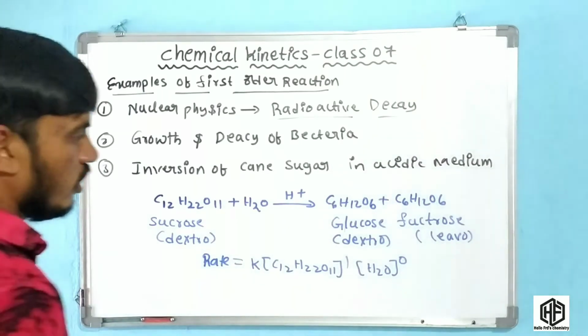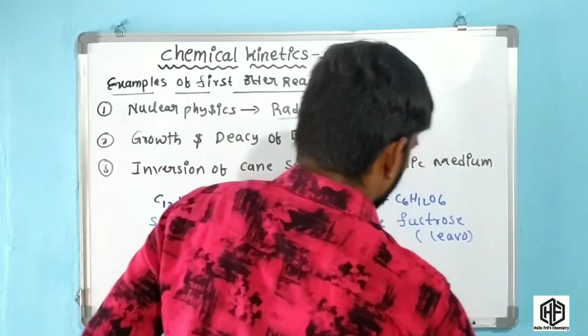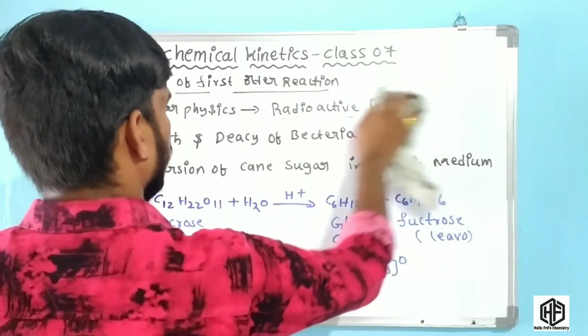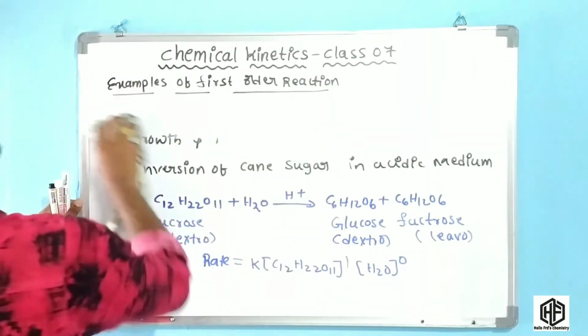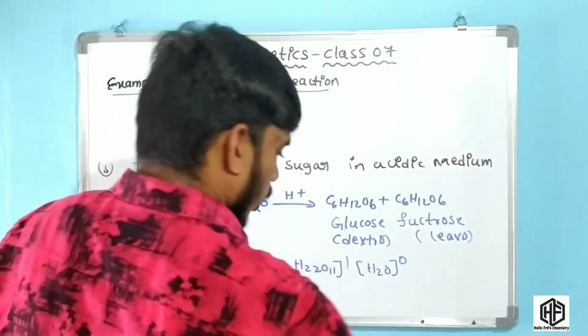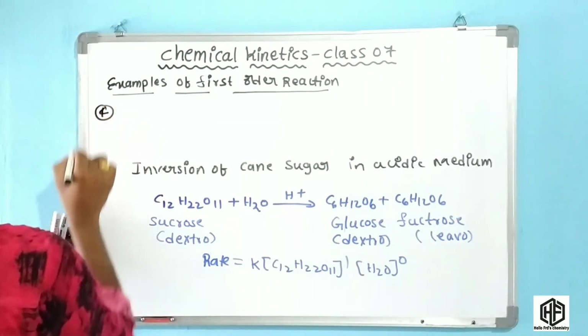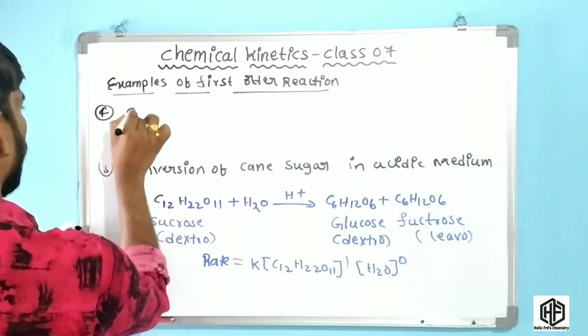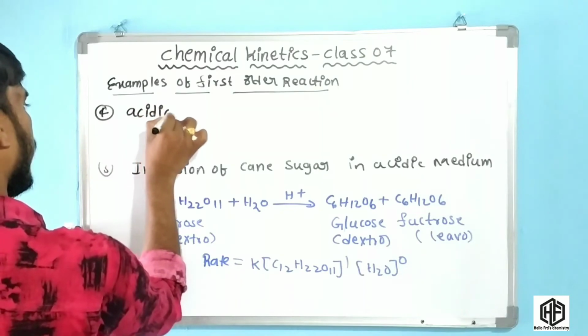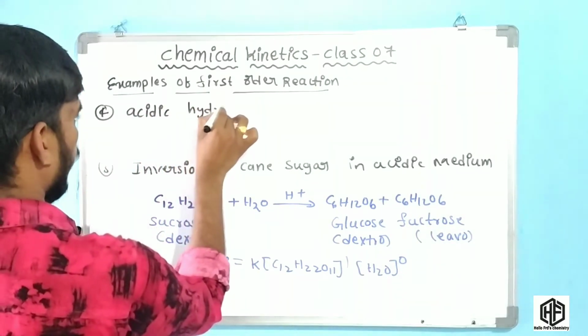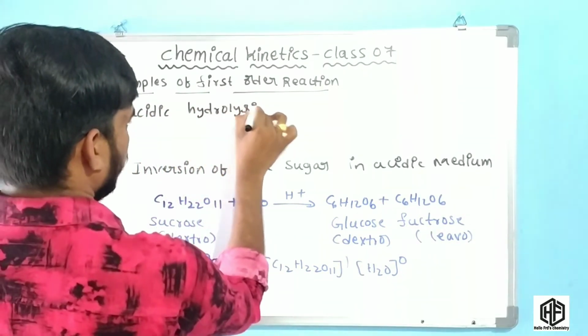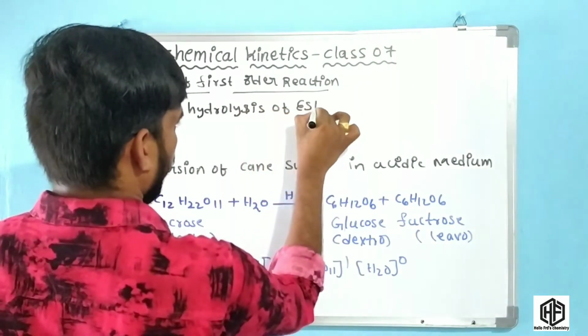Now one more important example, the fourth example, is the acidic hydrolysis of ester. This is very important, friends.